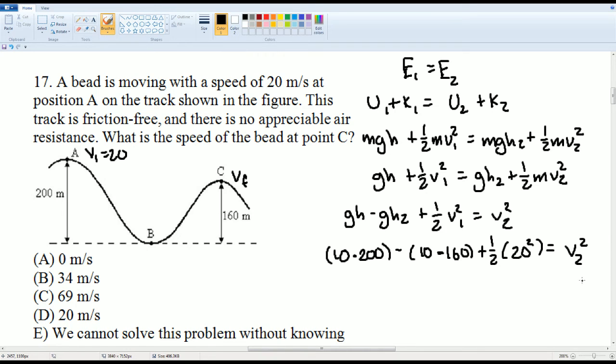So that is 10 times height, 20 meters, subtract 10 times 160 plus a half times 20 squared. Yeah, 600, but I have to square root the final answer. Because I got something like 600 is equal to v squared, right? But you see how you have to square root it?